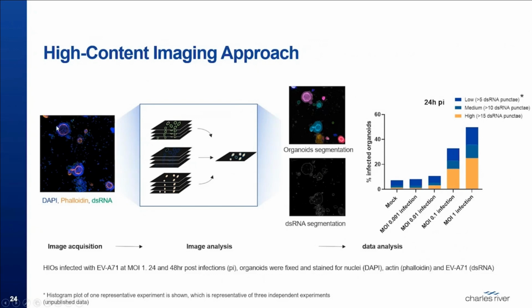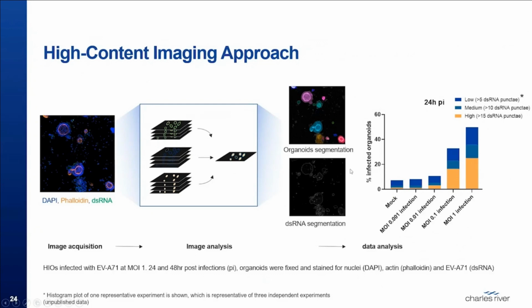So basically here we stain the organoids with three different markers: DAPI for nuclei, phalloidin for actin, and double-stranded RNA as a proxy of the infection. We took these image stacks, and then we analyzed those images and segmented the organoids so that we know the numbers, the shape, and the morphology, as well as count the number of double-stranded RNA puncta per organoid.